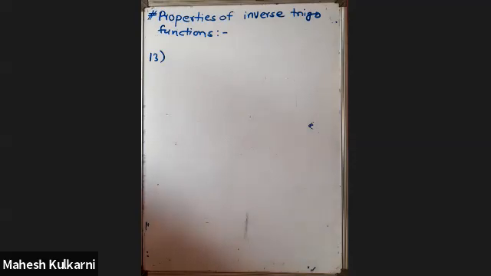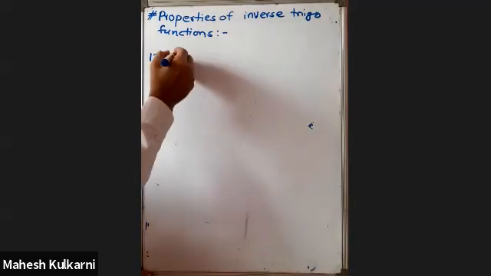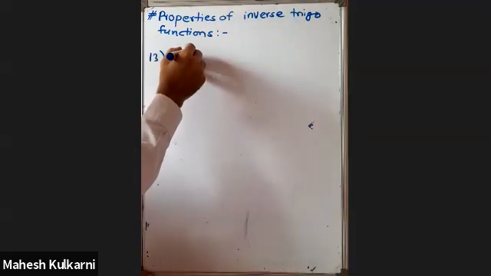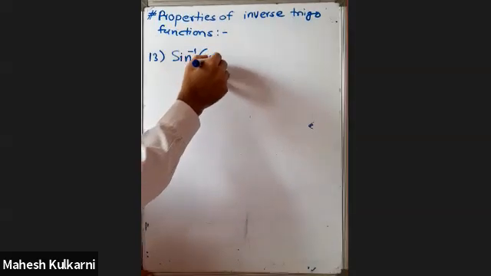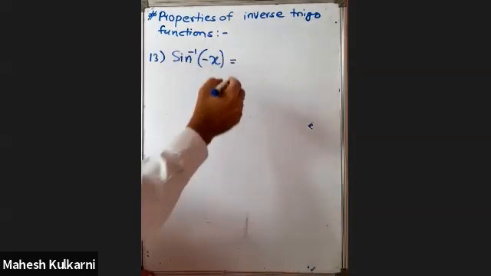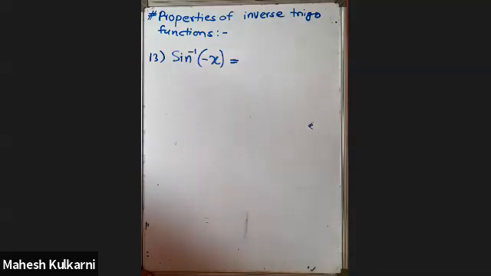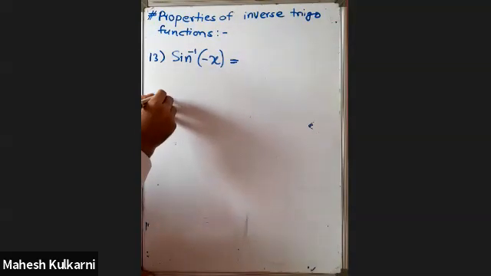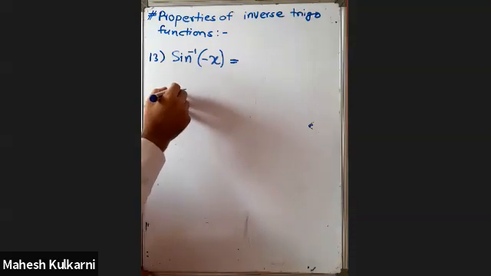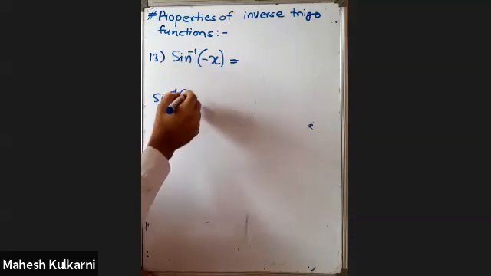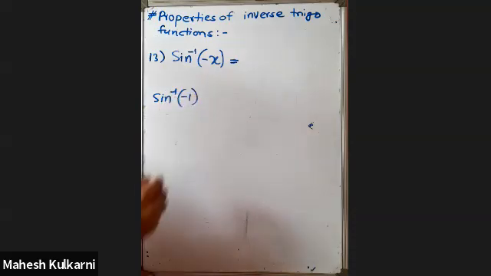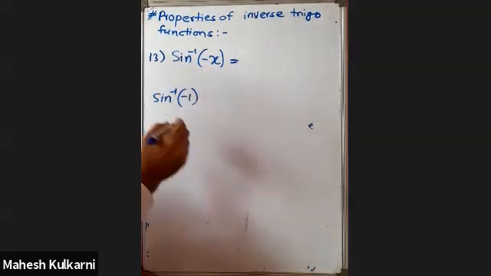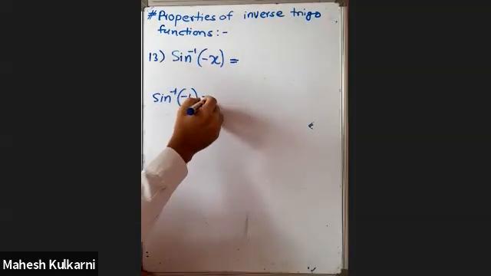Properties for negative value. For example, sin inverse of minus x. Suppose we have to find the value of sin inverse of minus 1. Suppose sin inverse of minus 1 is x.